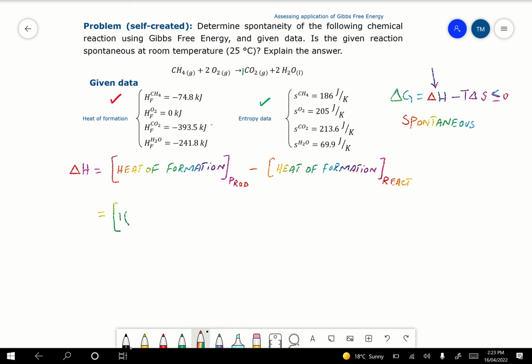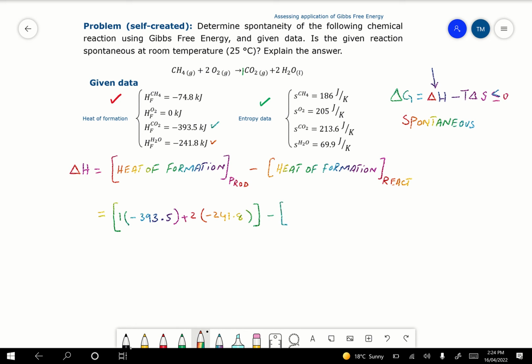so basically coefficient multiplied by heat of formation for CO2, which is minus 393.5 kilojoule, plus for product water, which is 2, right? So 2 into water heat of formation is minus 241.8. This is for the product, minus same process for the reactant.